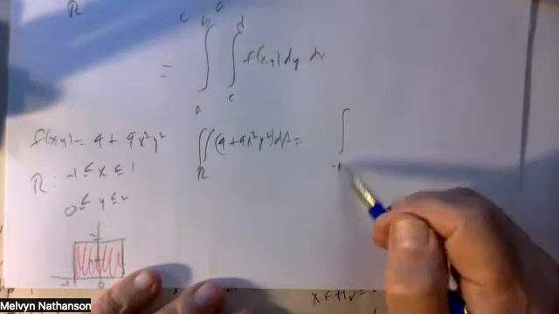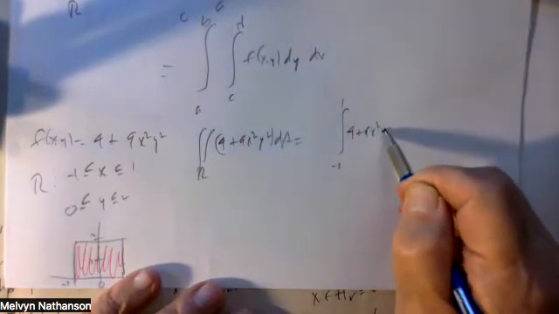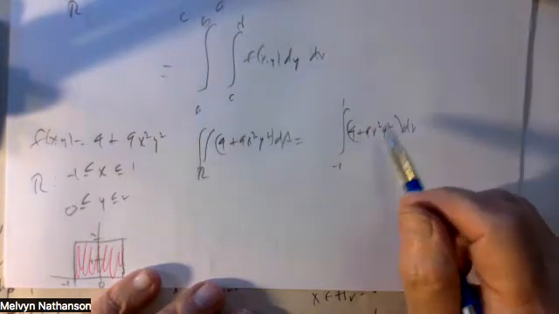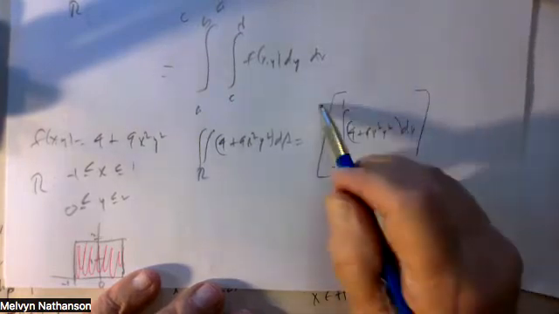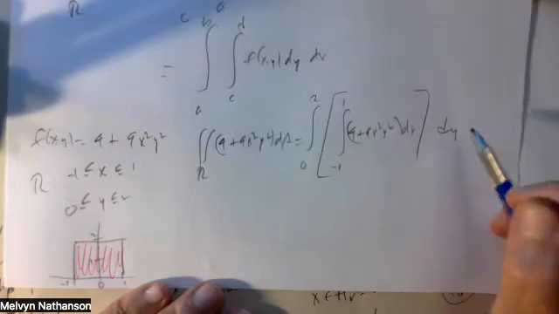So let me integrate first on the inside with respect to x, the integral from -1 to 1 of 4 plus 9x squared y squared dx. And then I'm going to take that and integrate it, y goes from 0 to 2, dy. So what is that?